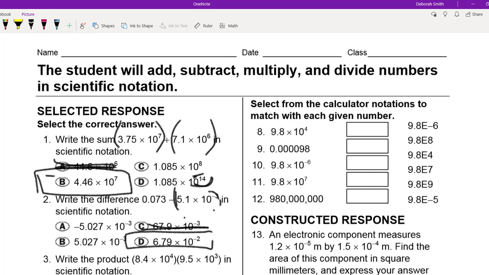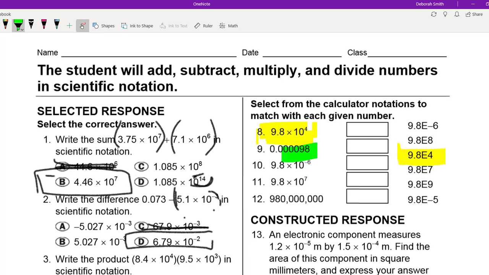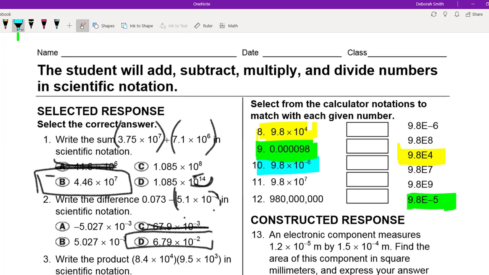Here, this one matches this one. This one is going to match that one. This one matches that one.